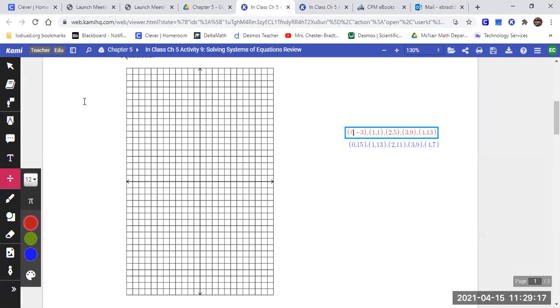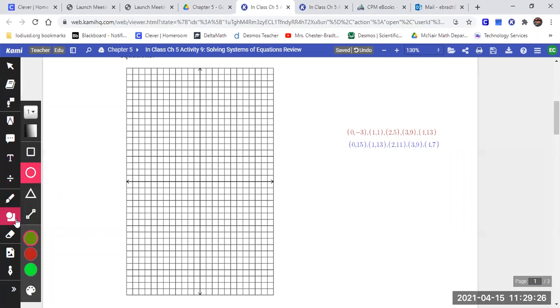So looking at all the points, red and blue at the same time, what is our largest Y? Look at the reds and the blues. What is the largest Y? 15. So then we've got to go see how many lines for the Y, which is the up and down, right?